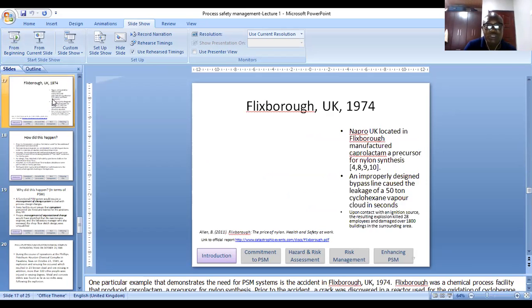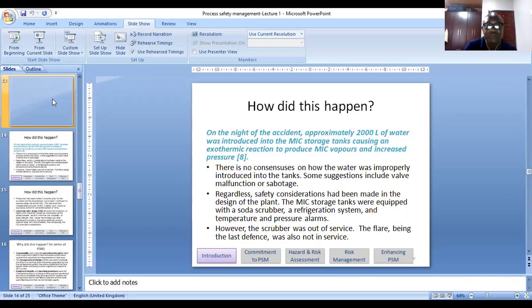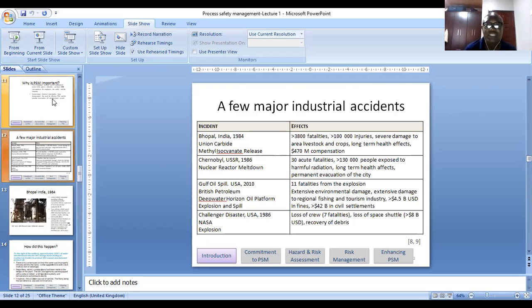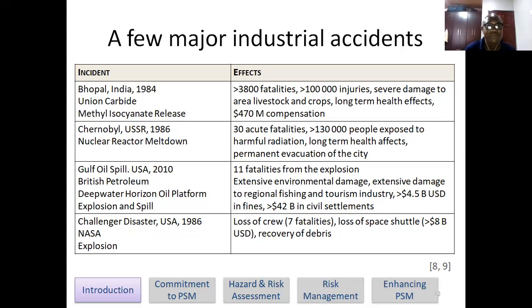So we will take examples of incidents that have happened that resulted in the action of process safety management.